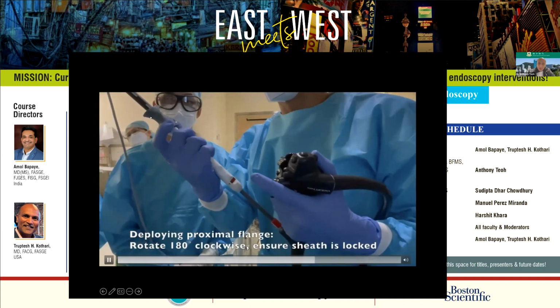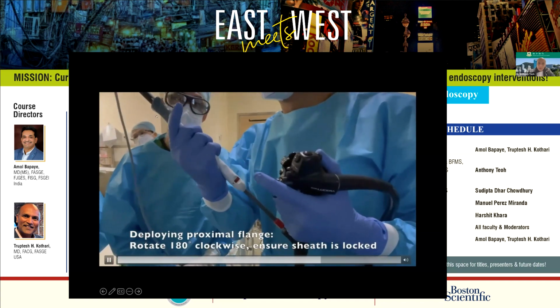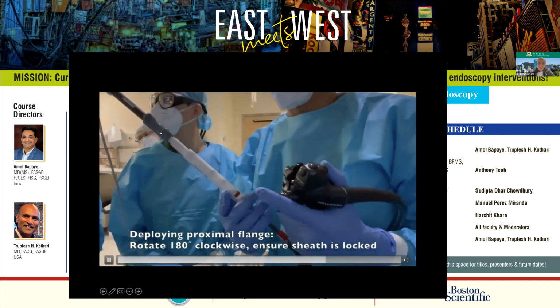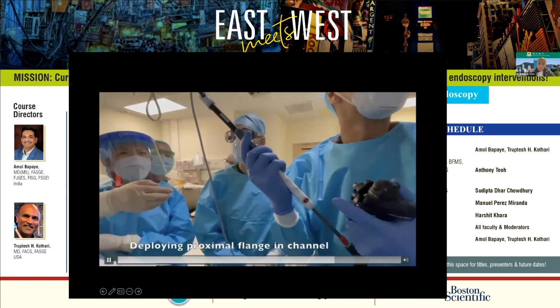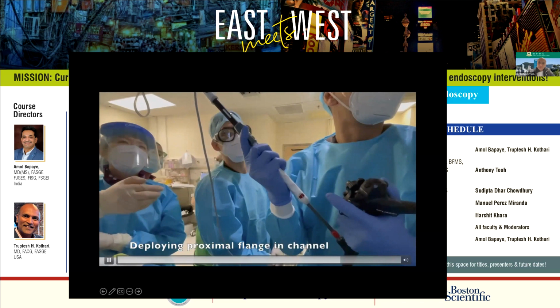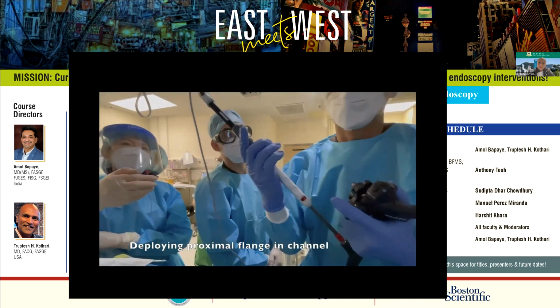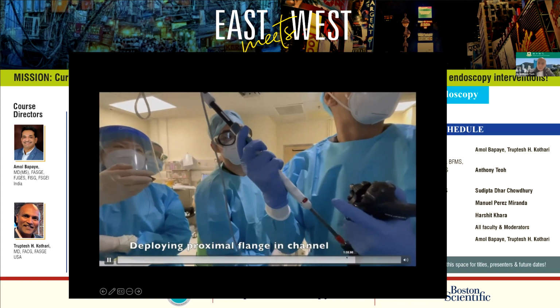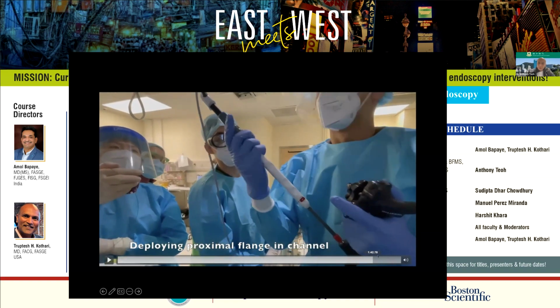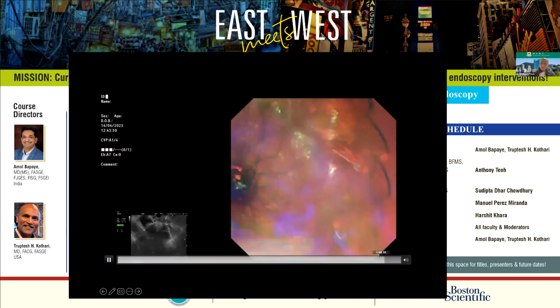And so here I turn the knob 180 degrees again and then push it upwards. That was like this, upwards. Completing the deployment, just like that.